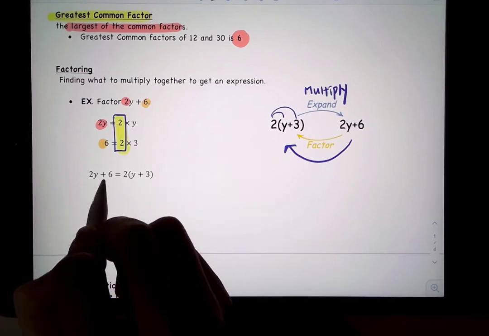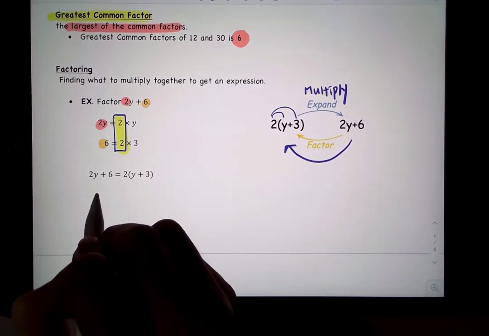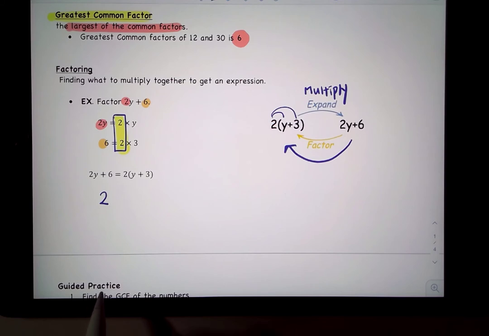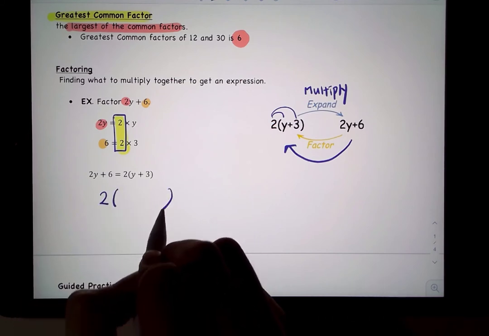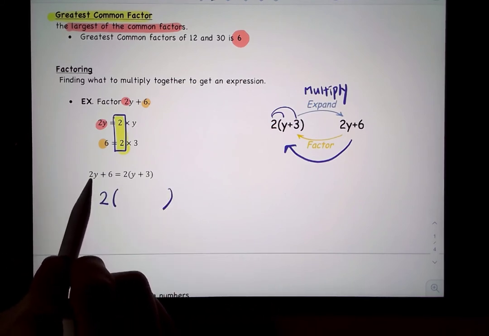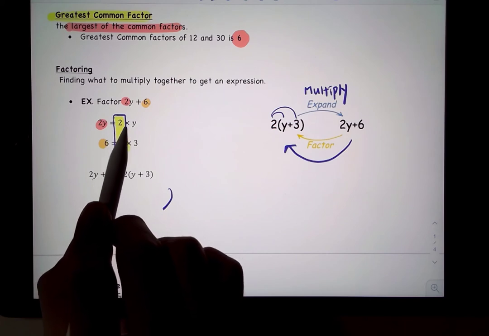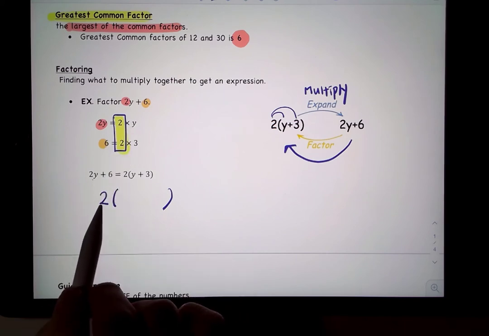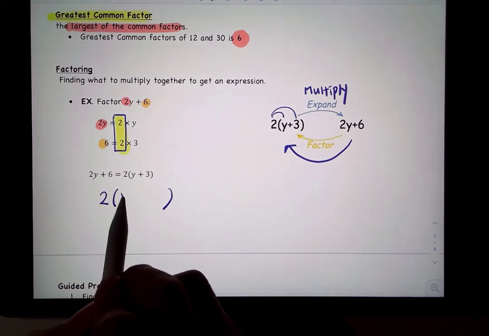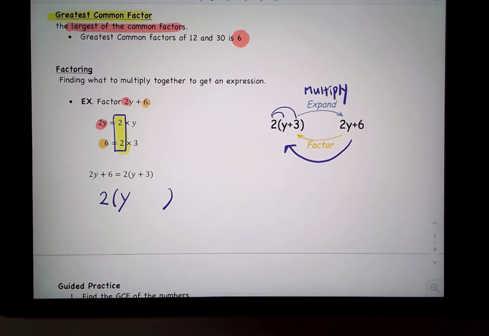So for 2y plus 6, you write 2 in front and make parentheses. And think about it, how can I get y? Your term is 2y, you take out 2, so your leftover will be y. You put y inside.